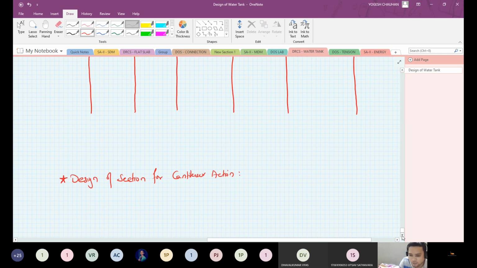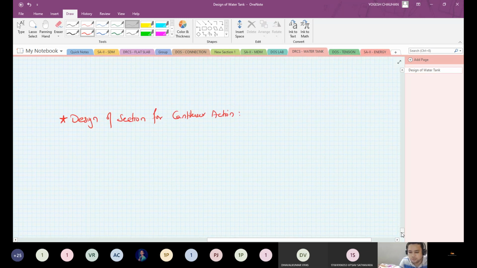Okay, so your fundamentals of working of water tank are now used here. In the fundamental topic, we have gone through design of members subjected to axial tension only and design of bending only. And we have also gone through design of members subjected to combined bending and tension. So this is an example of combined bending and tension. We have first designed for the radial pressure, that is for the tension, and now we are designing for the bending moment also.